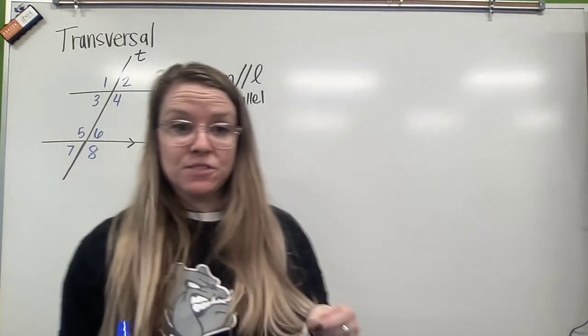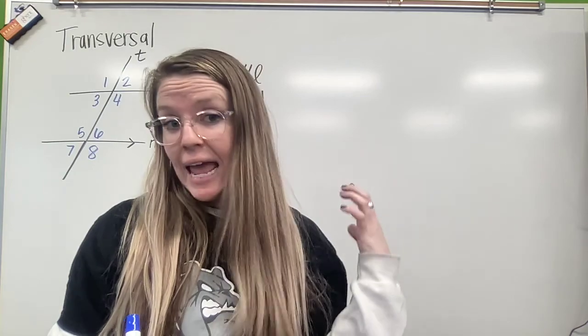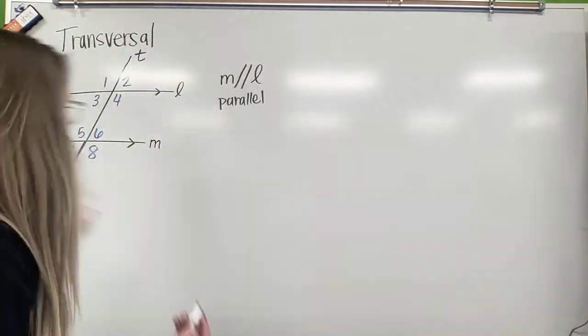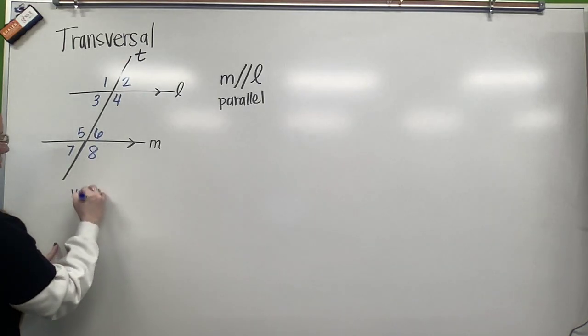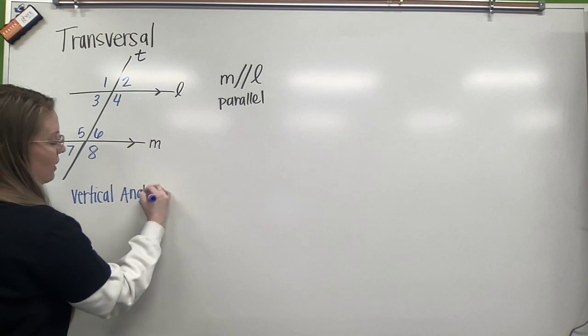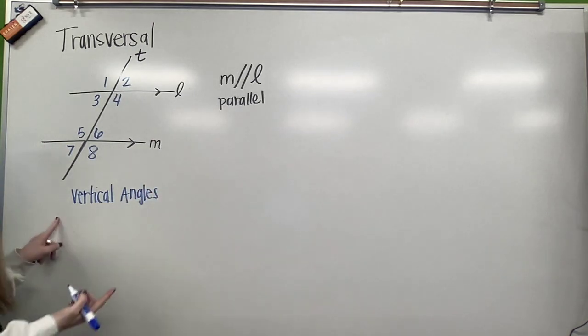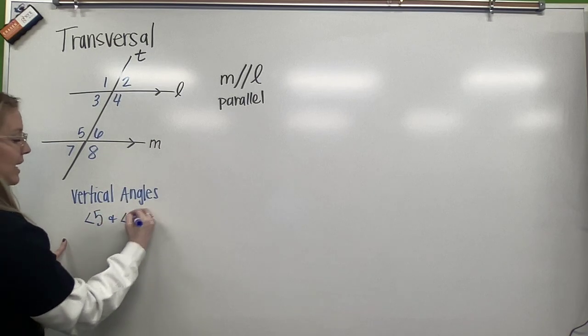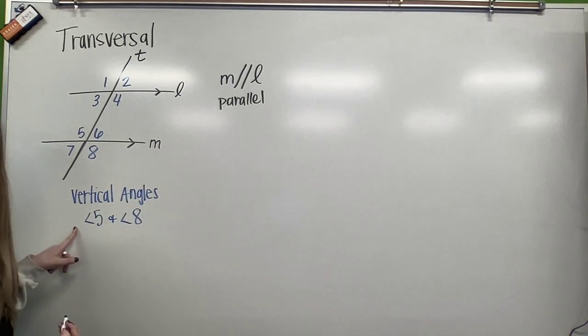So from our previous video, we could actually name or categorize some of these angles based on their positions. So if you remember, we had vertical angles. Vertical angles are where they share a vertex. So looking at the diagram, I could say angle 5 and angle 8 are vertical angles.